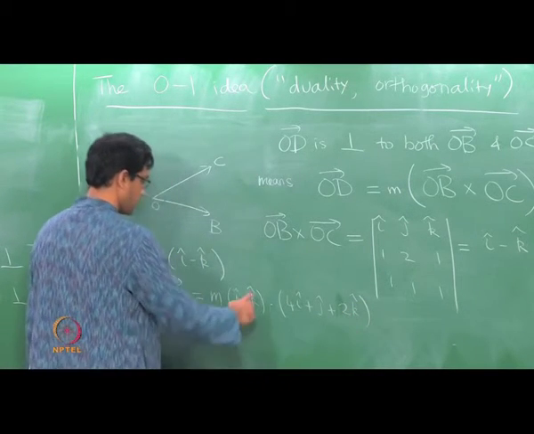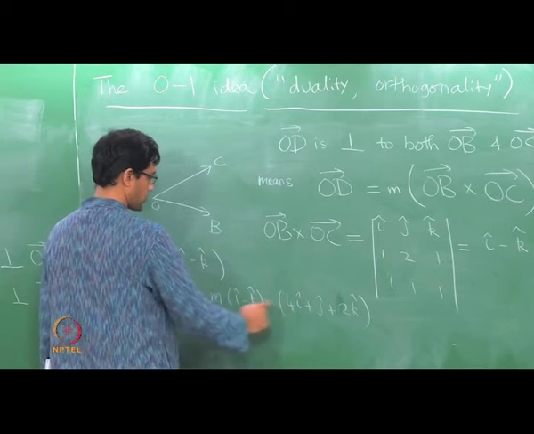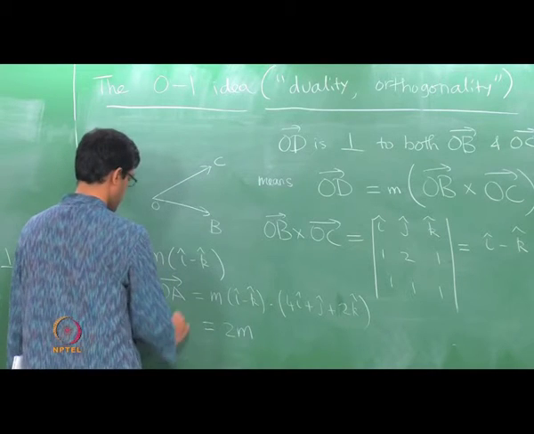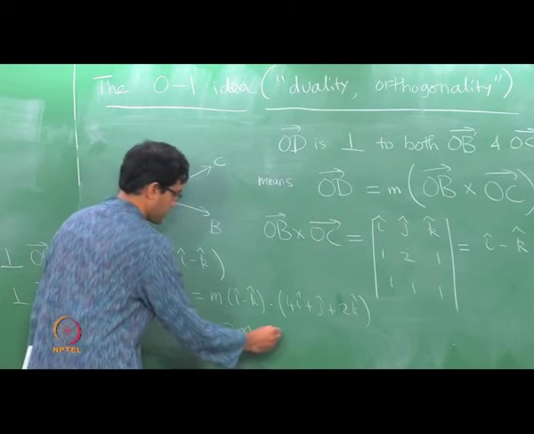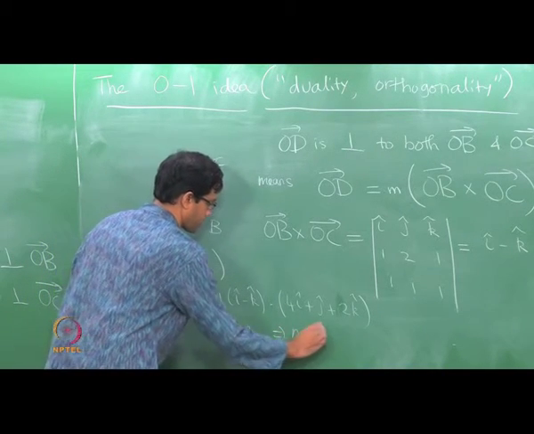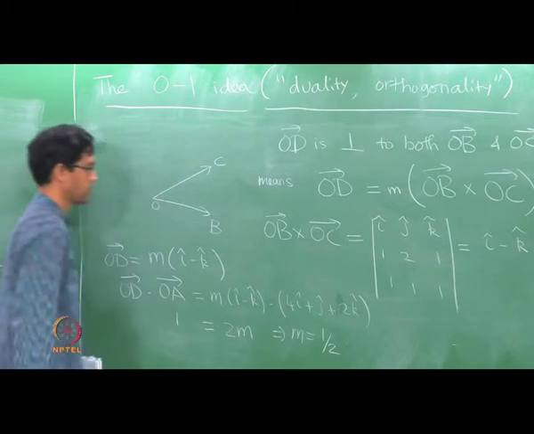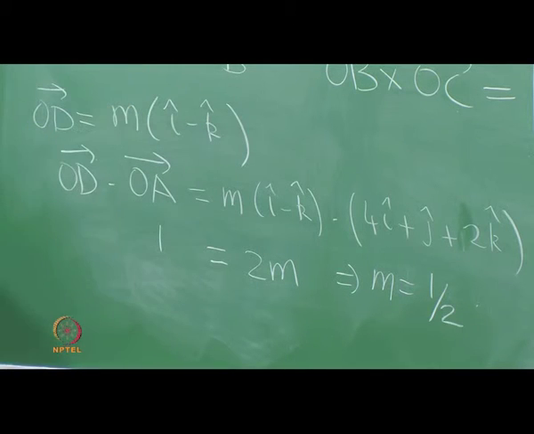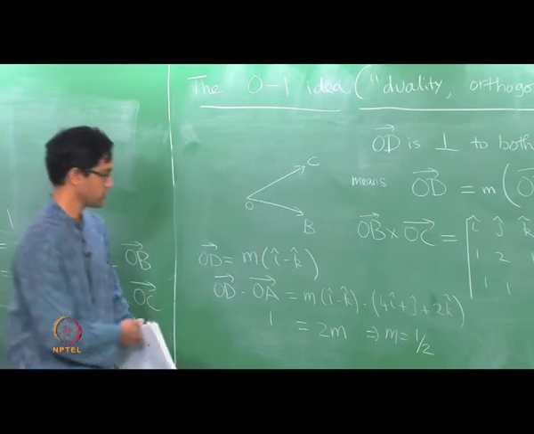Using the dot product rule, it is 4 minus 2, that is 2. So, I get 2m, and this is supposed to be 1, right. So, this tells me that m is half. So, in other words, the d that you are looking for is just half of i minus k. That tells you what the solution is.